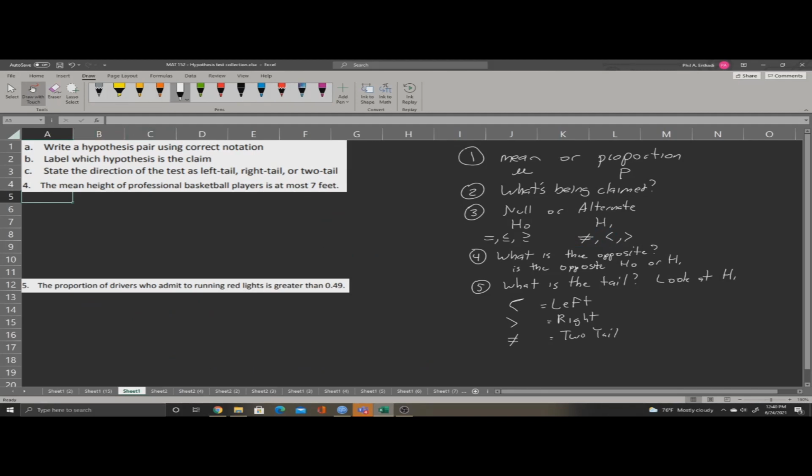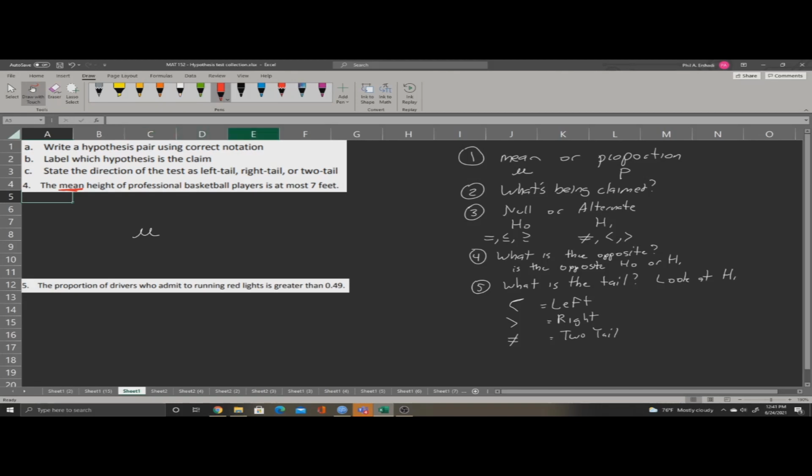Let's keep these 5 steps in front of us and do some more practice with writing hypothesis pairs. Let's go through this list of 5 steps for each problem. Starting with problem 4, the mean height of professional basketball players is at most 7 feet. Now, the first word I see here is the mean height. This tells us that we will be using mu in our claim.